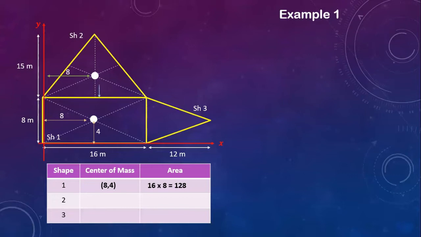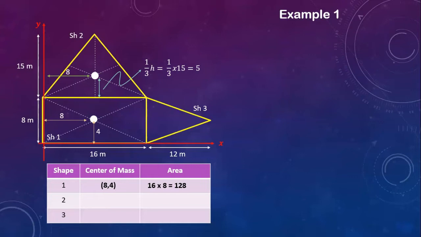As we know, the center of mass of a triangle is 1/3 of the height of the triangle from the base. Once again, 1/3 of the height from the base. 1/3 of the height is 1/3 times 15, which gives 5 meters.